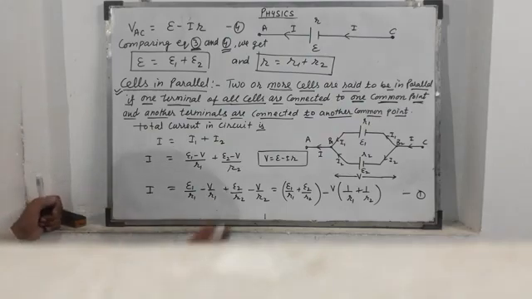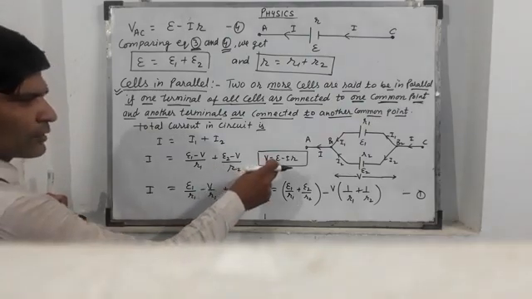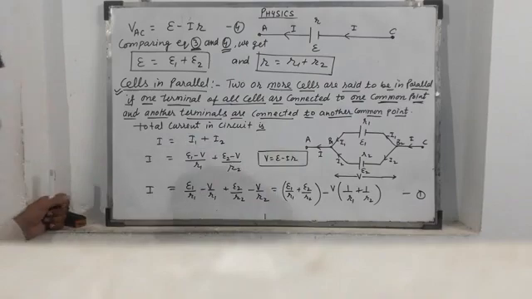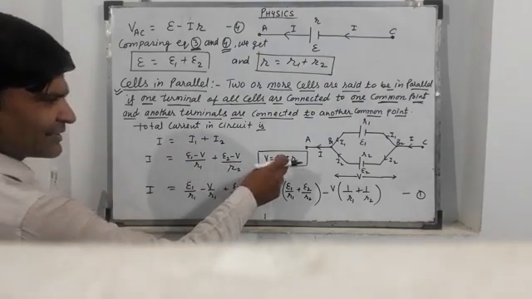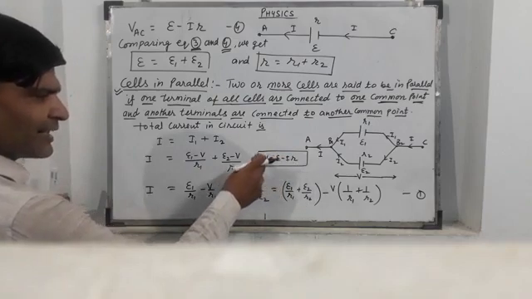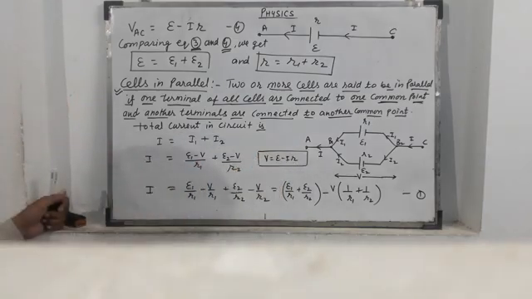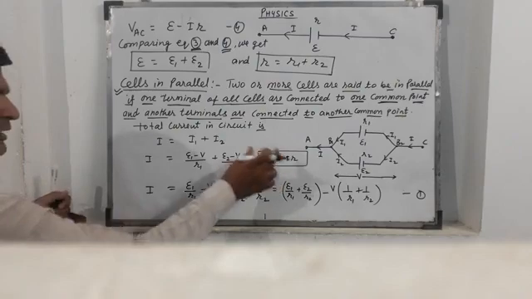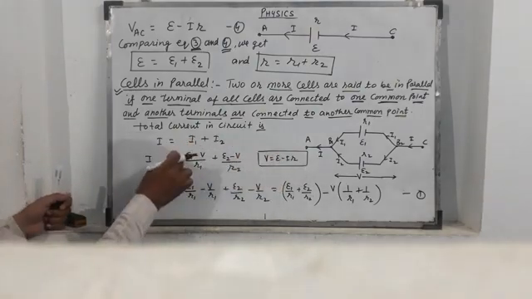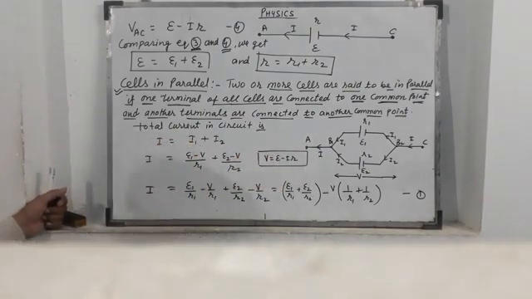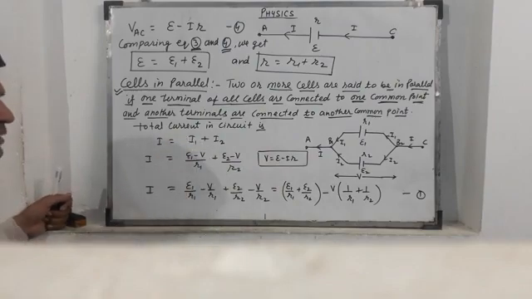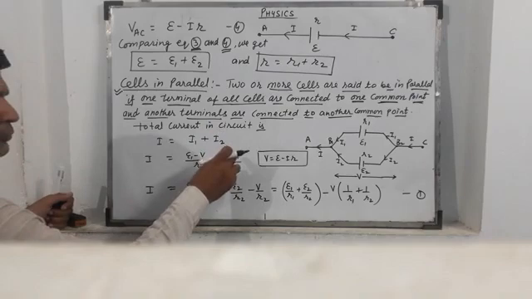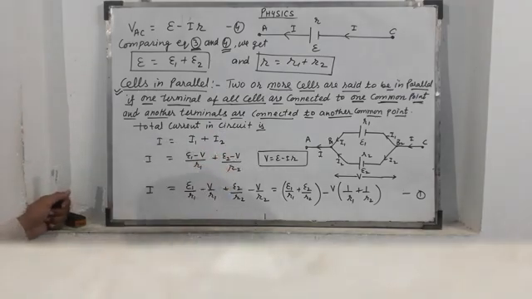But we know the formula V is equal to E minus IR. Then I is equal to E minus V upon R. So for I1, E1 minus V upon R1, and for I2, E2 minus V upon R2.